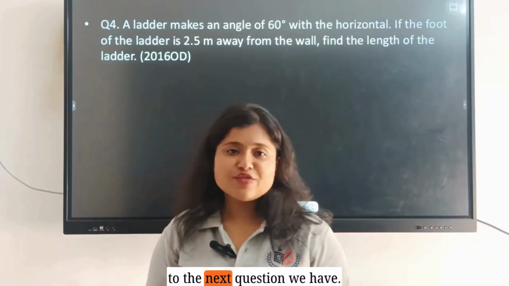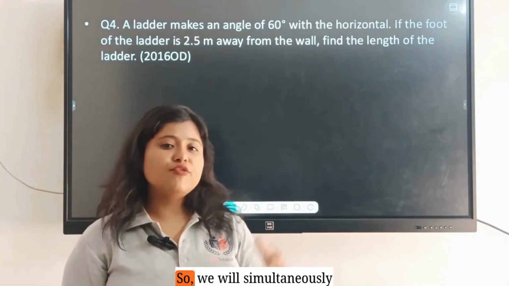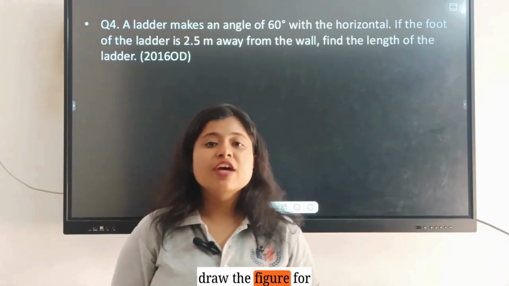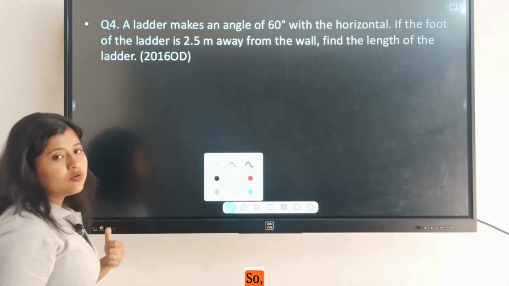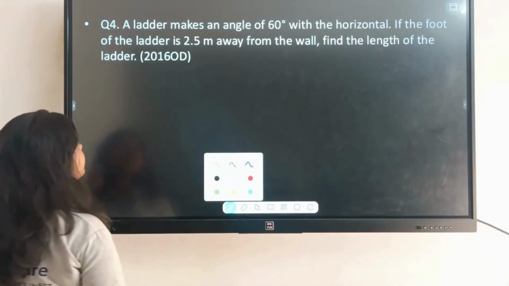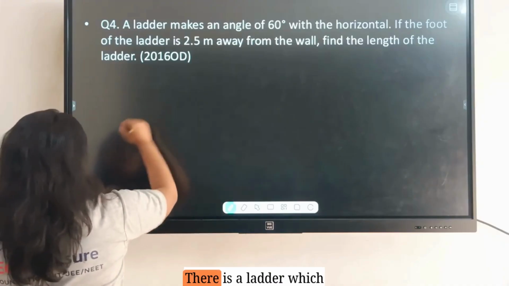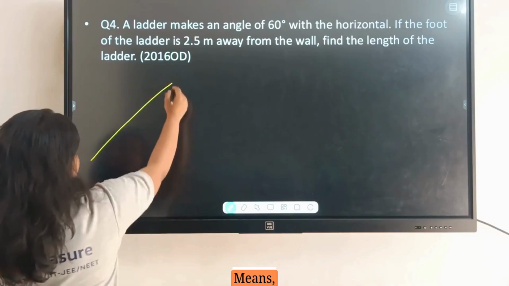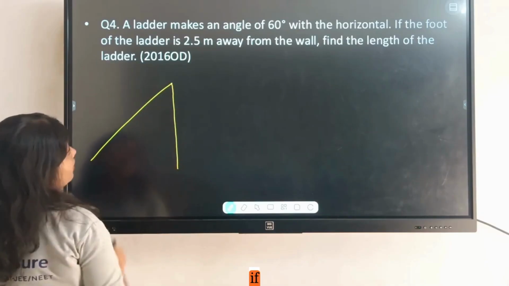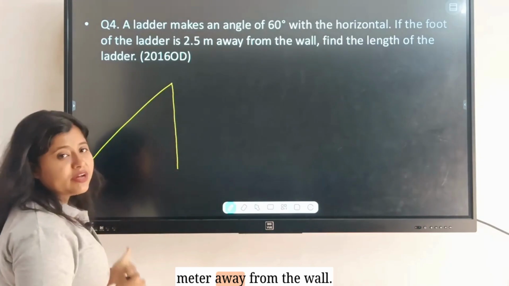To the next question we have, it is given that a ladder makes an angle of 60 degrees. So we will simultaneously draw the figure for our convenience, and the figure carries marks also, so try to draw it nicely and properly. There is a ladder which makes an angle of 60 degrees with the horizontal, if the foot of the ladder is 2.5 meter away from the wall.